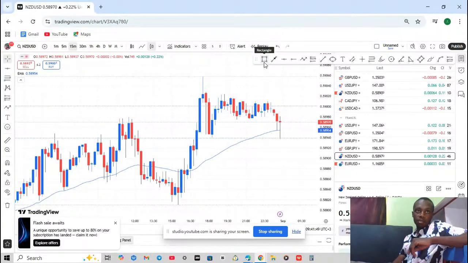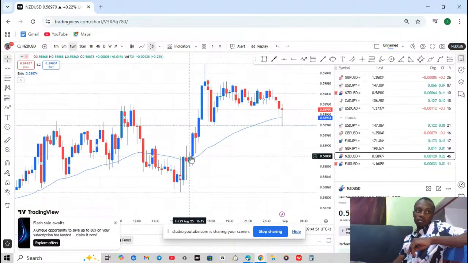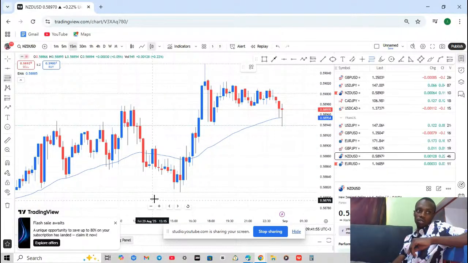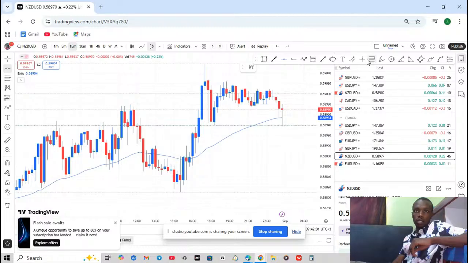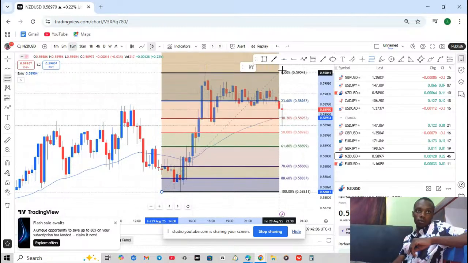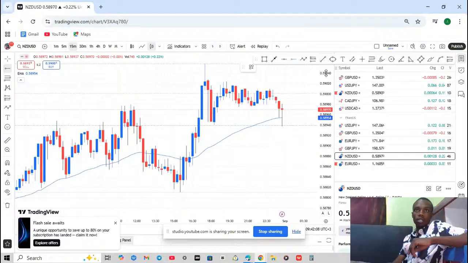The market must pull back to the previous major level of structure that lies between 38.2 and 61.8. That's this.